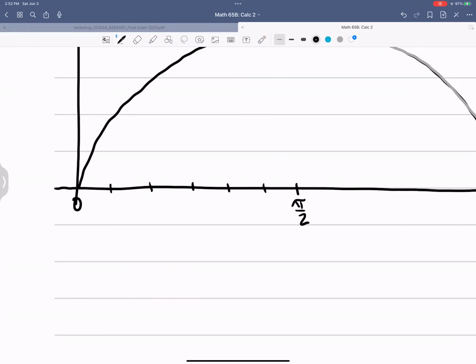Now looking at this first one, we're moving pi 12ths here, so pi over 12 there. Adding another pi 12th, that's 2 pi 12ths, which is pi over 6. Next one is 3 pi 12ths, which reduces to pi over 4.